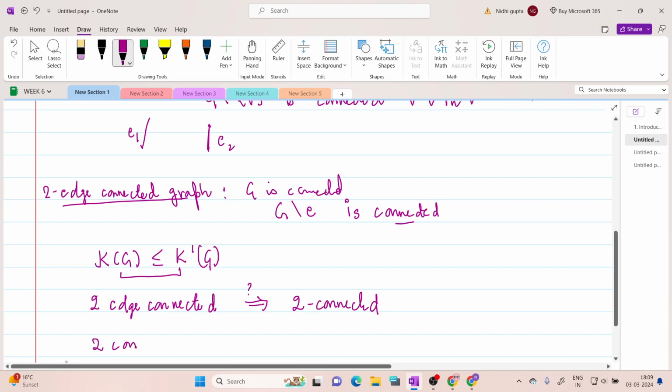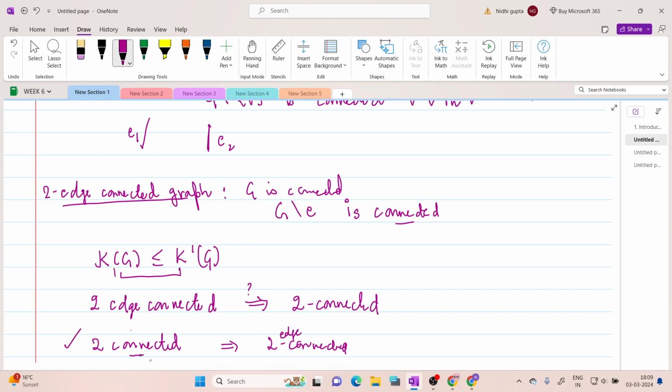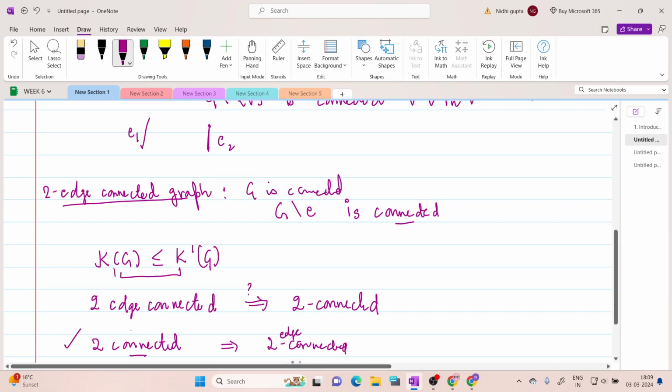Which condition is true? Bottom one is true, ma'am. Two connected graph is two edge connected. Using this inequality, we can say that a two connected graph will imply two edge connectivity.